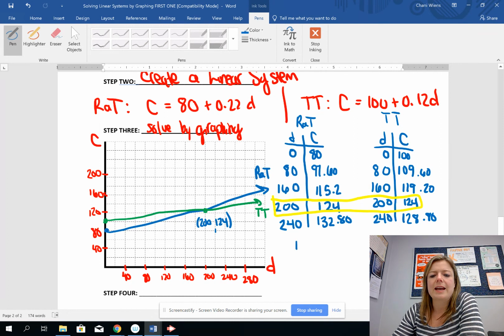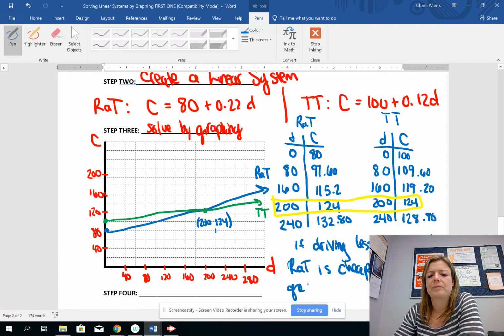So you can say if you're driving less than 200 kilometers, Rent-A-Truck is cheaper, and greater than 200 kilometers, then you would say Tony's Trucks is cheaper.